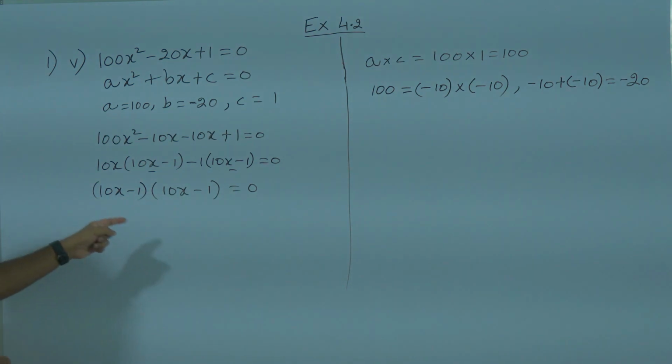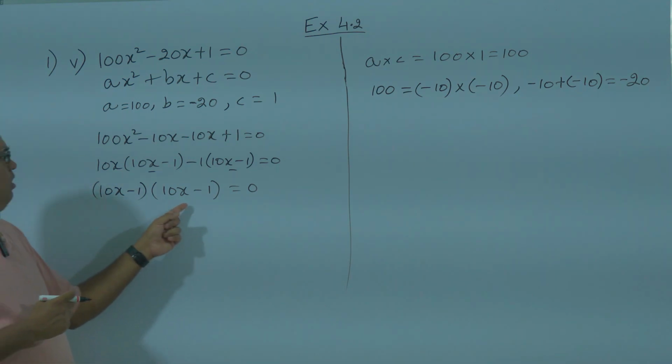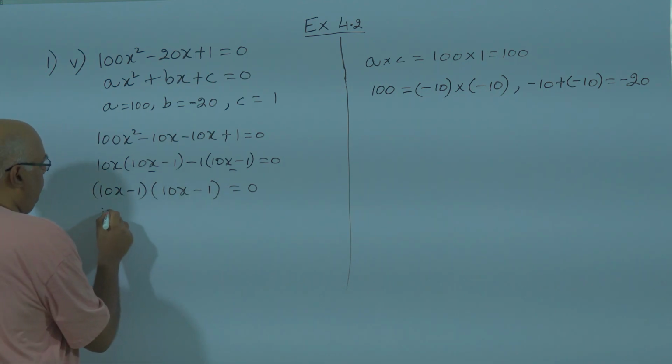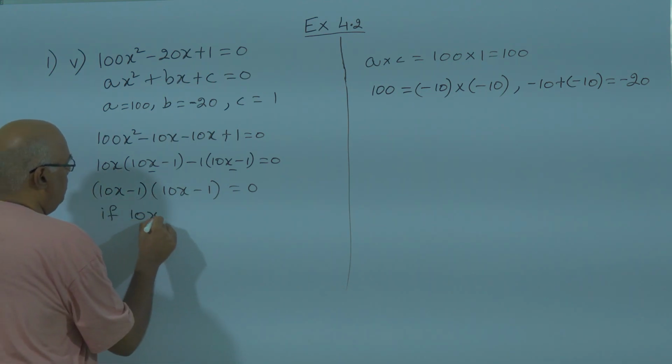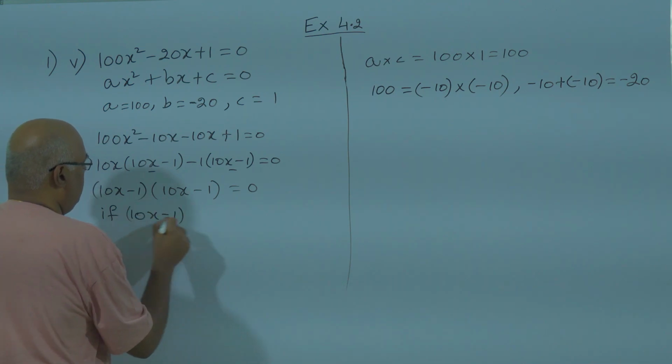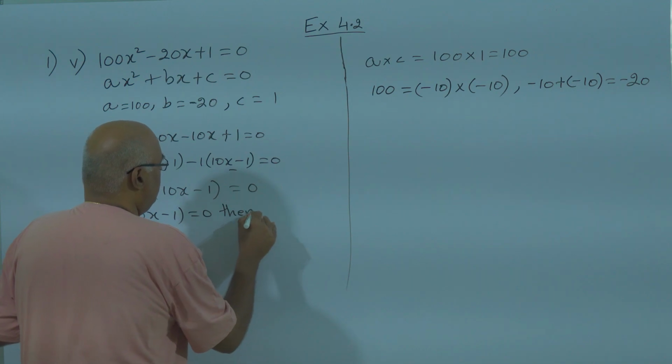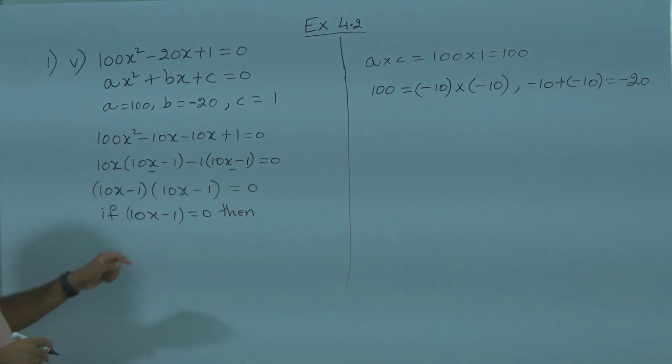So we are getting 10x minus 1 into 10x minus 1 is equal to 0, which means either this 10x minus 1 is equal to 0 or this 10x minus 1 is equal to 0. So if 10x minus 1 is equal to 0, on the left side of the equal to sign I have minus 1.